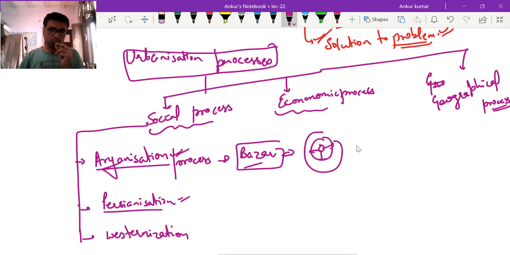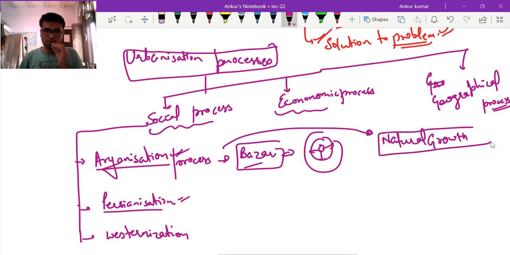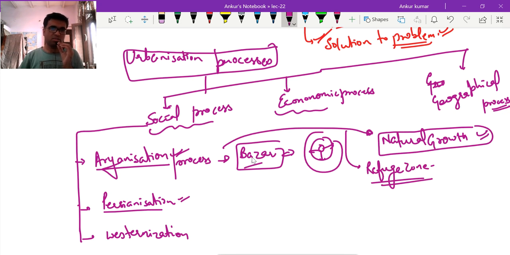Although there was little migration, close to zero, the main growth of the urban areas was natural growth. The population which was living there, only that grew. And second, they were mainly refuge zones, escaping persecution from the countryside. So this was how the cities grew in the Aryanization period.